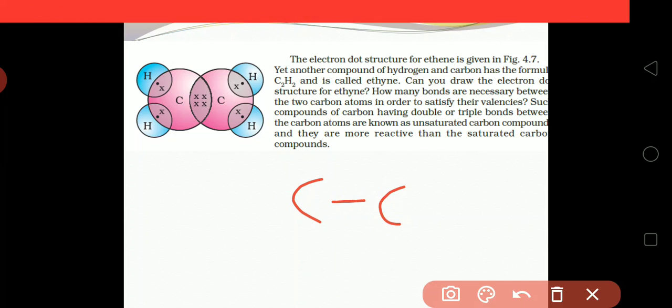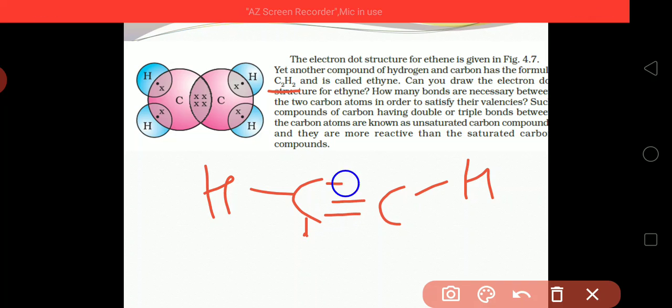Okay, now we will draw the structure of ethyne. C bond C, and two hydrogens are there. One hydrogen is here and another hydrogen is here. As you can see, this carbon's 2 valency is already set, so this carbon needs 2 more valencies, 1 and 2, and in the same way this one also needs 3.